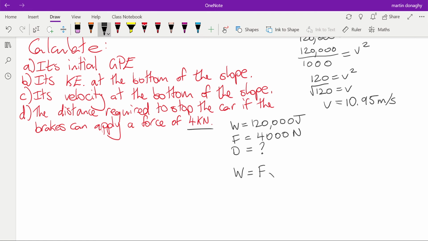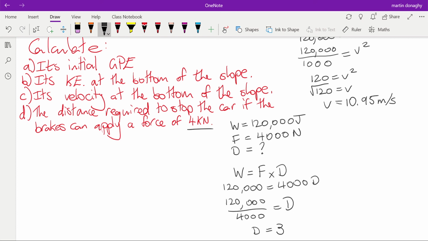Work done equals force times distance. 120,000 is equal to 4,000 D. Divide both sides by 4,000, which gives us that the distance will be 30 meters.